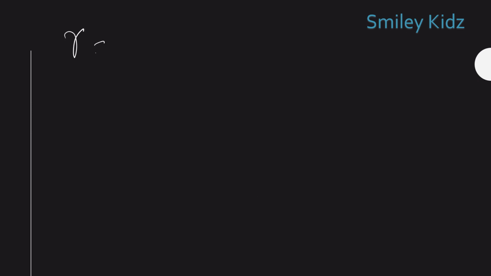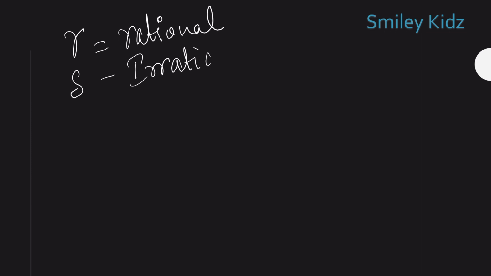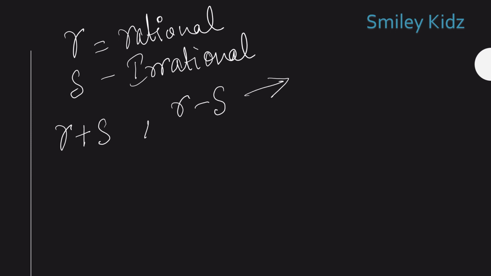If R is a rational number and S is an irrational number, then sum or difference of a rational number and an irrational number is an irrational number. That is R plus S, R minus S, we get irrational numbers.